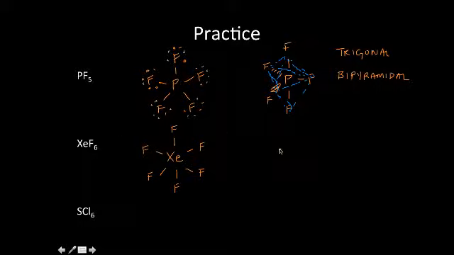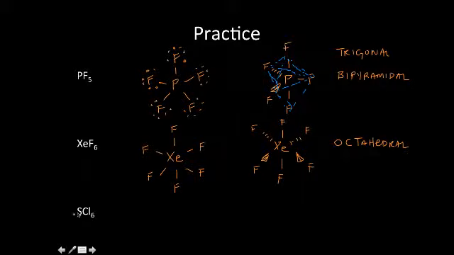But if we wanted to draw this shape in a way that gives us a better indicator of the molecular geometry, we would put the xenon in the middle, and we would have 2 of those fluorines on plane with the page, and then 2 of those fluorines would retreat into the page, and 2 of those fluorines would come out of the page. And we call that octahedral. That's an octahedral arrangement.